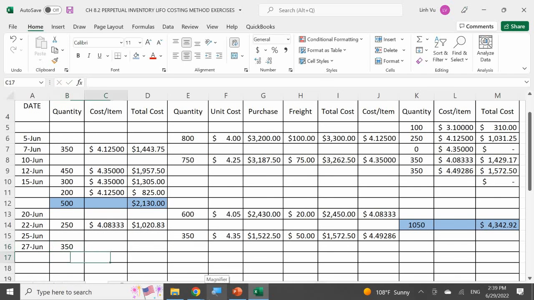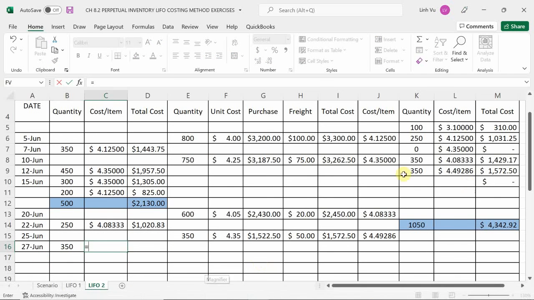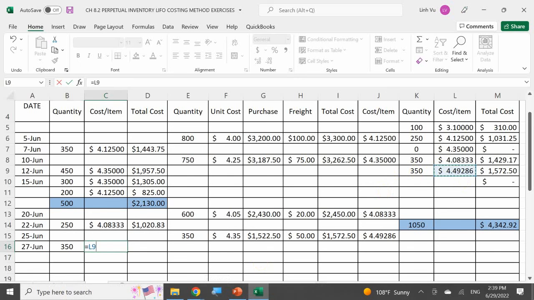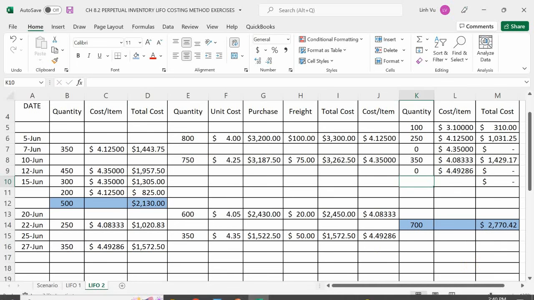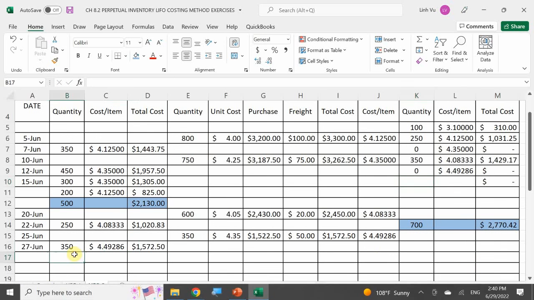4.49286. Okay, or we take our most recent batch here, which we know is going to give me what I originally purchased it for, 1572.50. Okay, so I can eliminate that. And then you take 200 from the 4.08333.